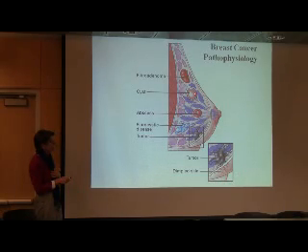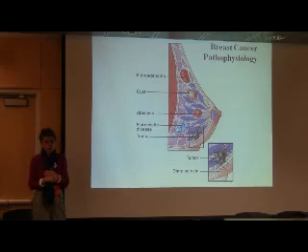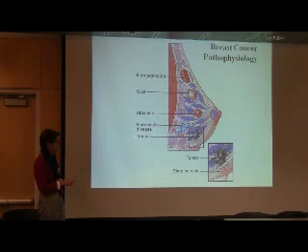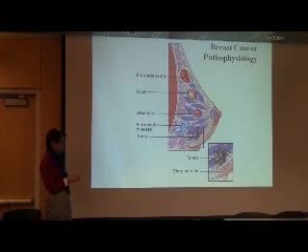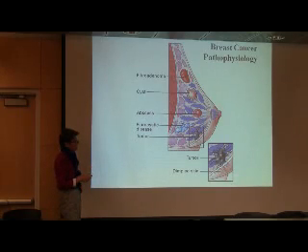So you can have a cyst, you can have a fibroadenoma, which is a benign process in the breast. You can have an abscess, which is an infection. You can have what used to be called fibrocystic disease, now called fibrocystic change, because it's not considered to be a disease process at this time. You can have a cancer. And all of these have different appearances when we look at them in the microscope next.